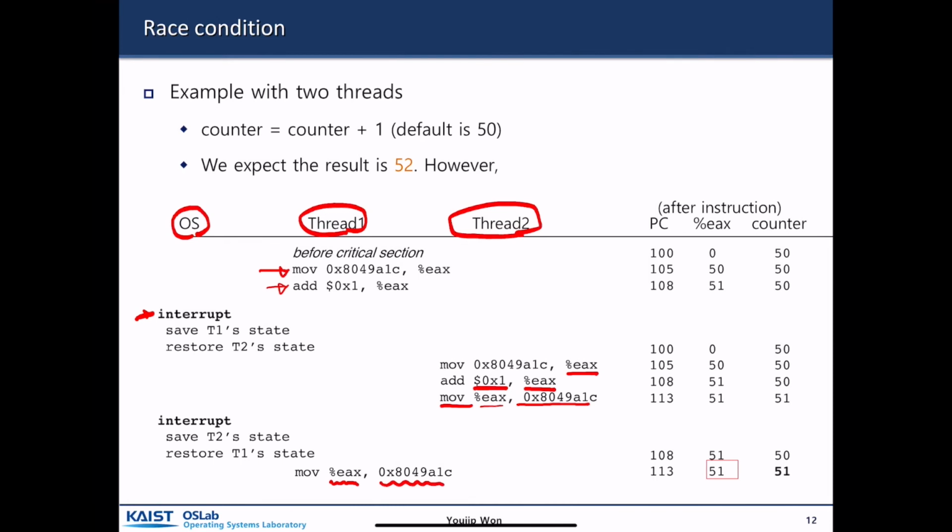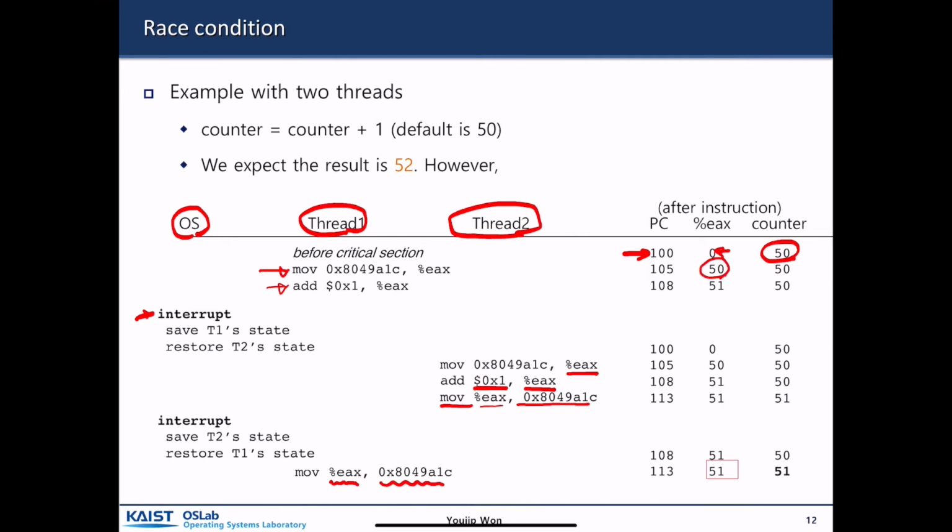Well, this is plain and simple, but let's look at what actually happens in the memory. Let's say thread 1 executes the first instruction. At the beginning, the counter variable is 50 and the register value is 0, and after the move, the EAX register contains the value 50.